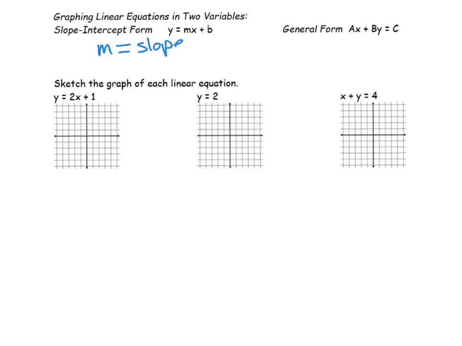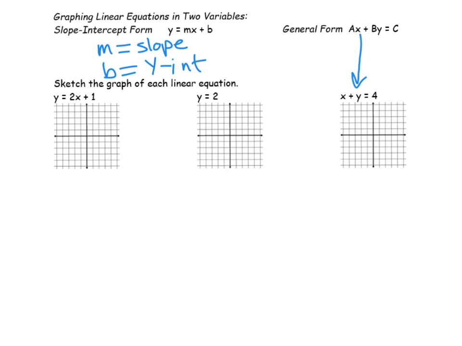If you're in slope-intercept form, m is your slope, b is your y-intercept. You work with this form a lot, and you will in Chapter 2, because it's a nice form to graph. Okay? You should know general form, because you may come across it, like in this third example that we're going to graph.